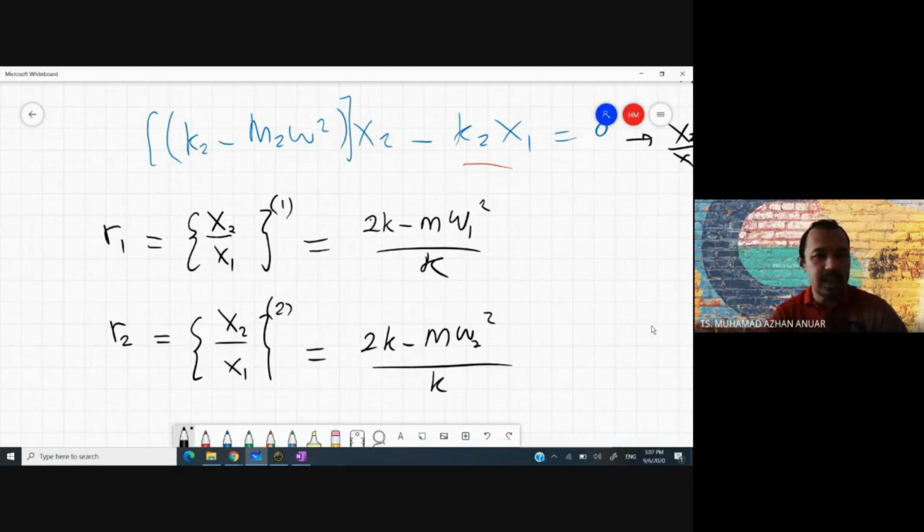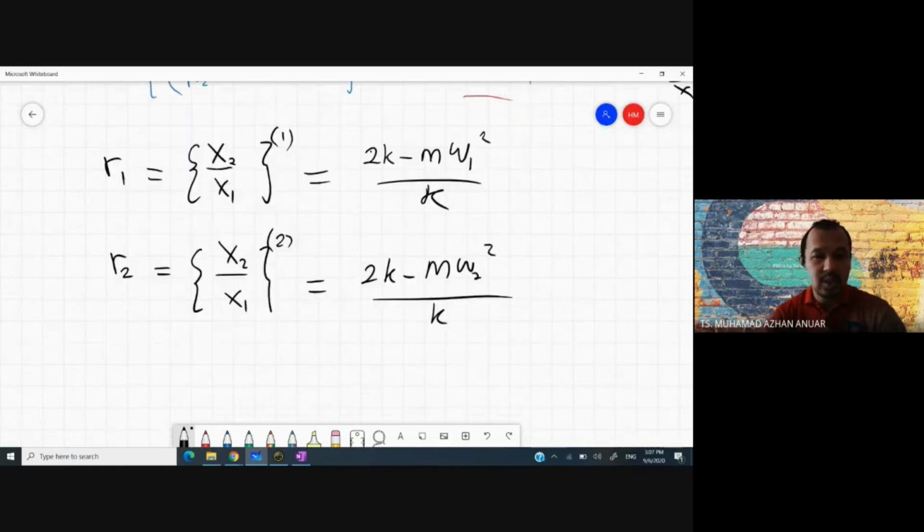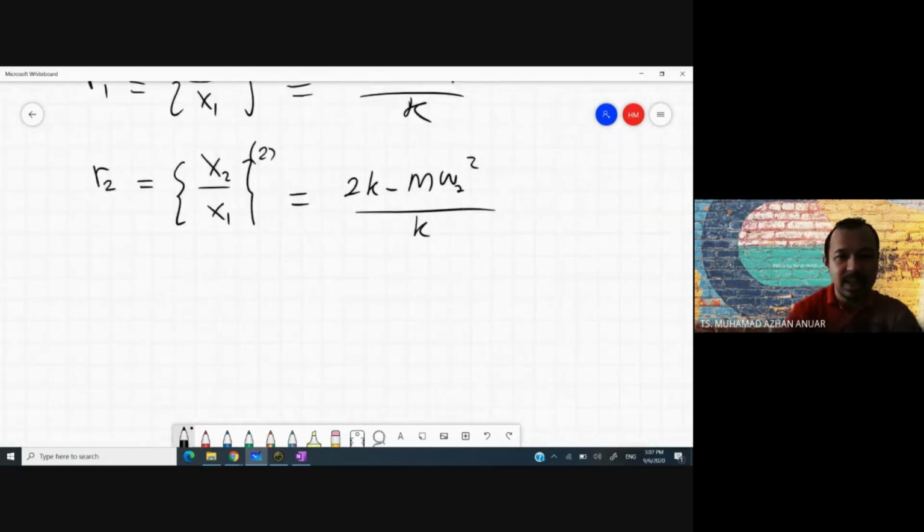In the real exam, you get real values here, maybe 0.7, maybe 1.3, maybe minus, and so on. So you get the amplitude ratios R1 and R2 as real numbers.